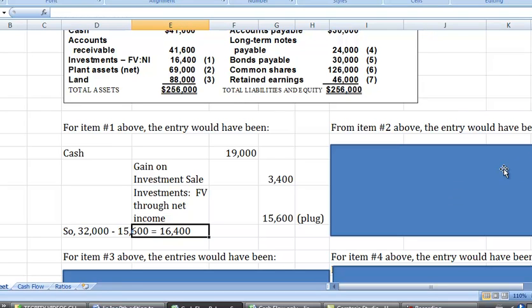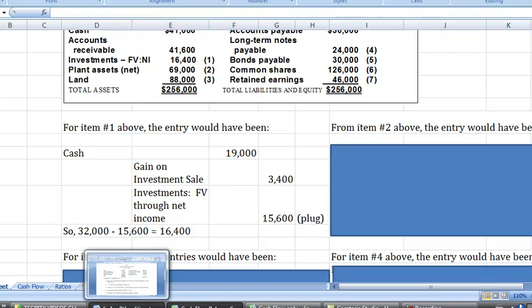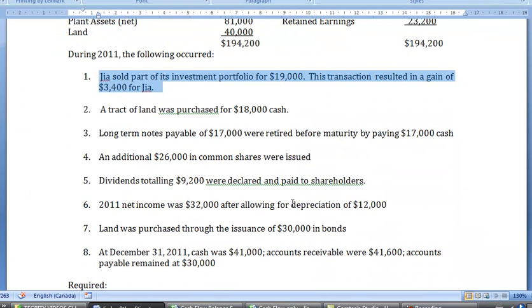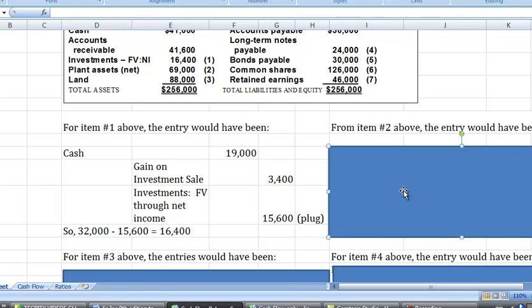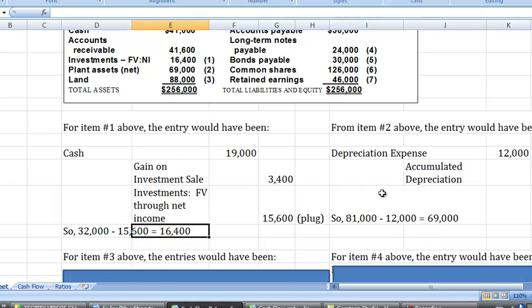All right. So now you'll notice here I have my plant assets at net of $69,000. Why? Because during the year, we would have made an entry to record depreciation of $12,000, right? So if we recorded depreciation of $12,000, what must that have meant? That must have meant that throughout the year, we debited depreciation expense and credited accumulated depreciation for $12,000. Well, when you increase the value of a contra asset account, you're going to reduce the value of the plant assets at net account.